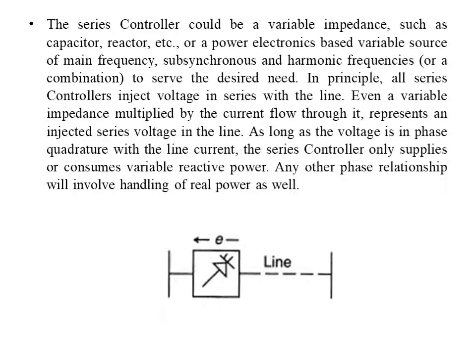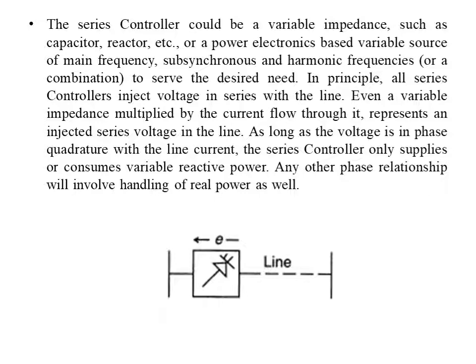This is one of the principles of the series controller. In principle, all series controllers inject voltage in series with the line. Even a variable impedance multiplied by the current flow through it represents an injected series voltage in the line.